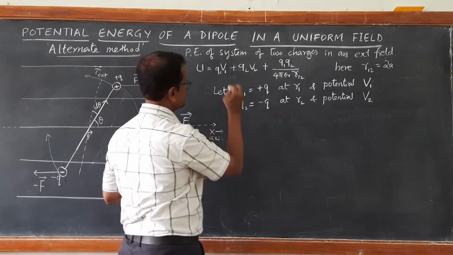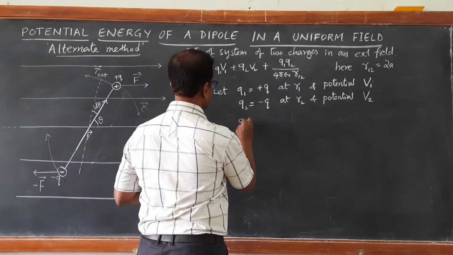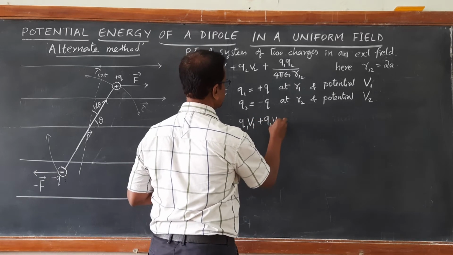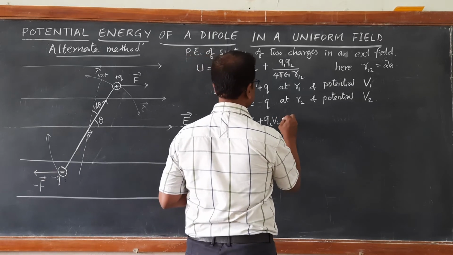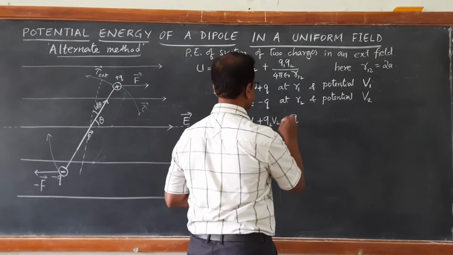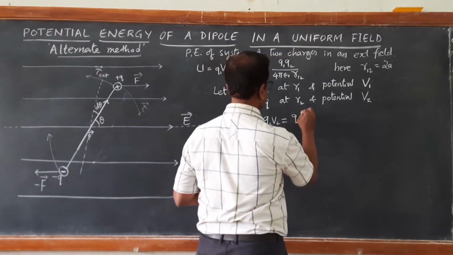Now we will write this term, Q1 V1 plus Q2 V2 is equal to Q1, which I have taken as plus Q charge, times V1.